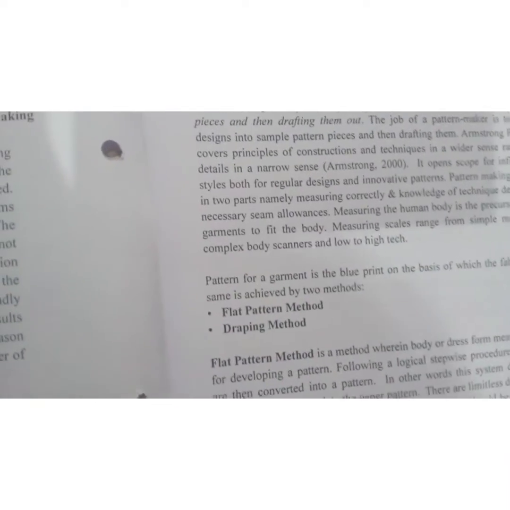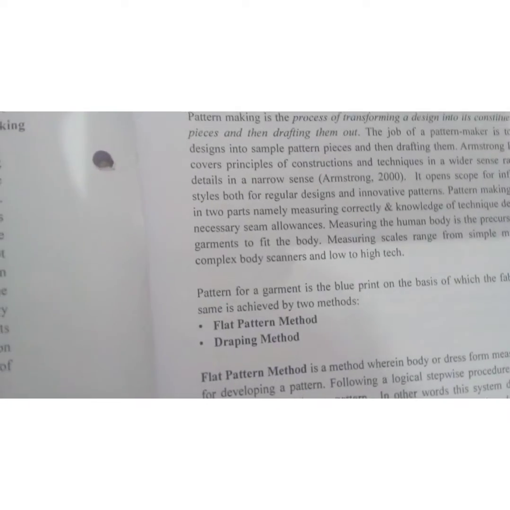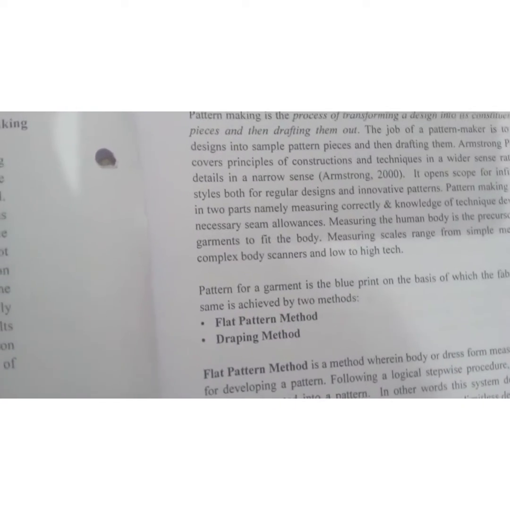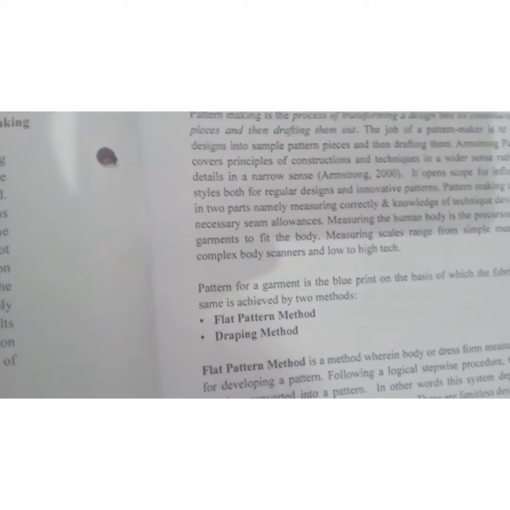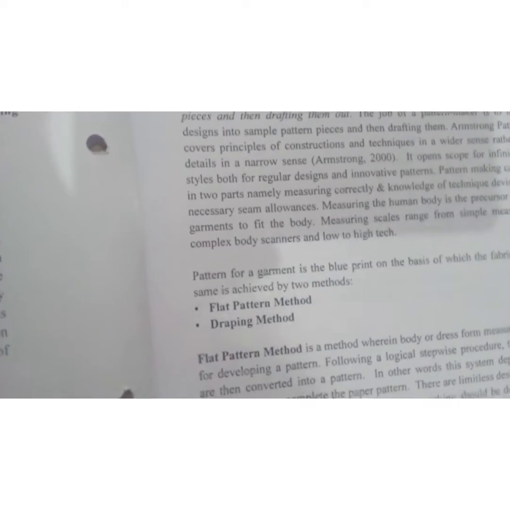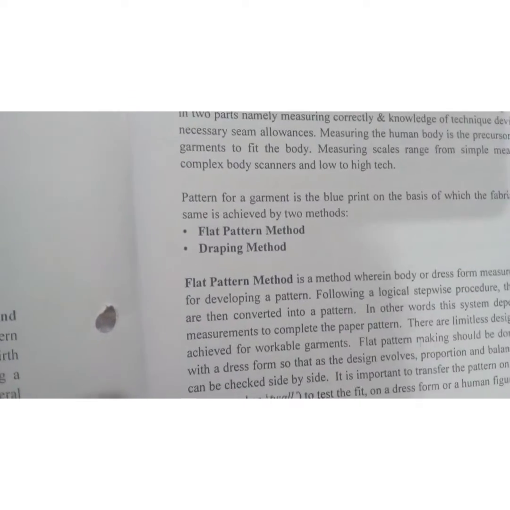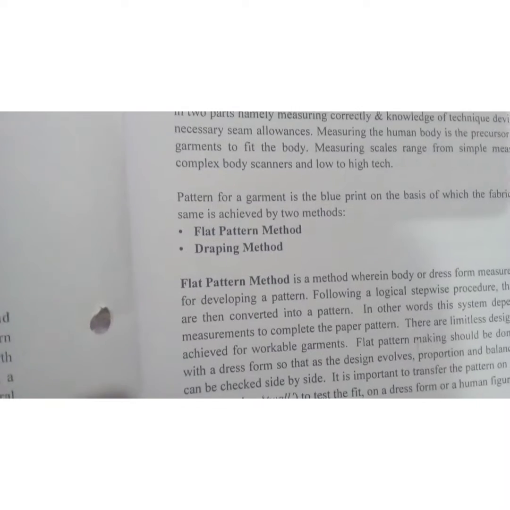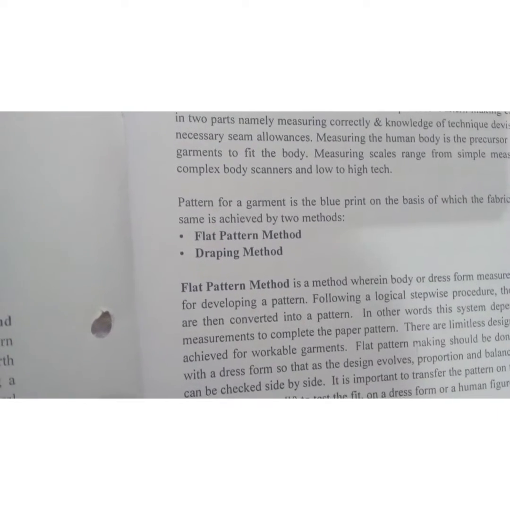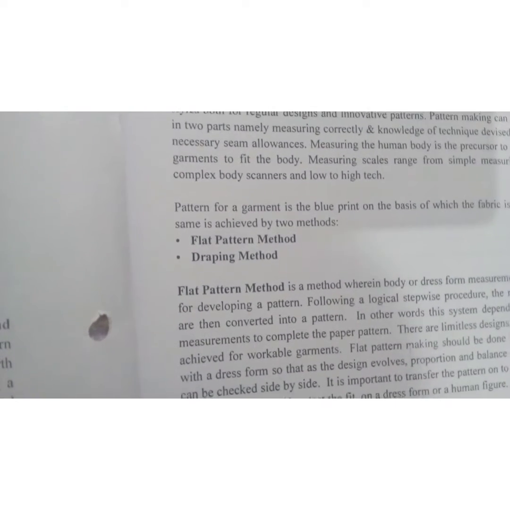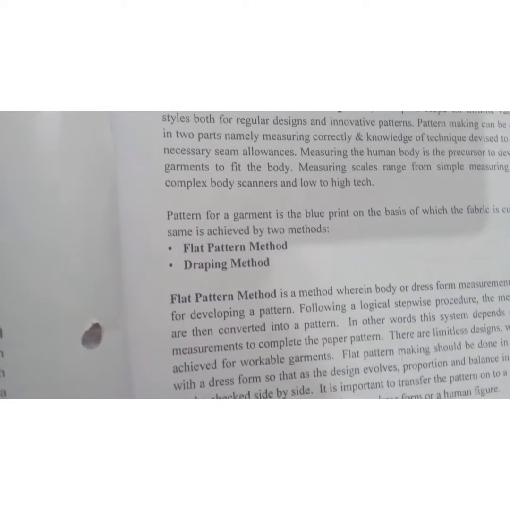So on page number 33 in this chapter 2, what is the flat pattern method? Here the flat pattern method is mentioned as a method where body or dress measurements are taken for developing a pattern. Flat pattern method means you first take the measurement, and measurement-wise you have to draft.